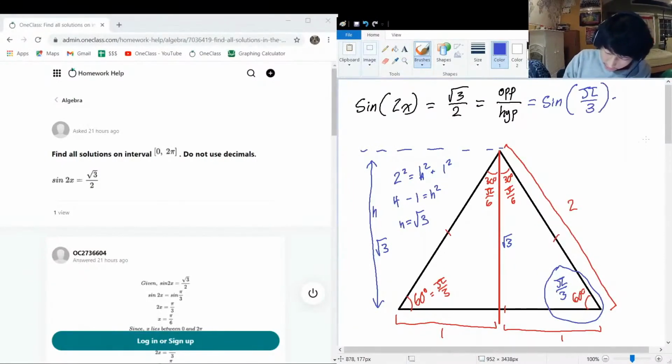Since sine pi over 3 is equal to sine 2x, we can get rid of the sines and just have pi over 3 equals 2x. We divide both sides by 2 to get x on its own, so pi over 6 is equal to x.